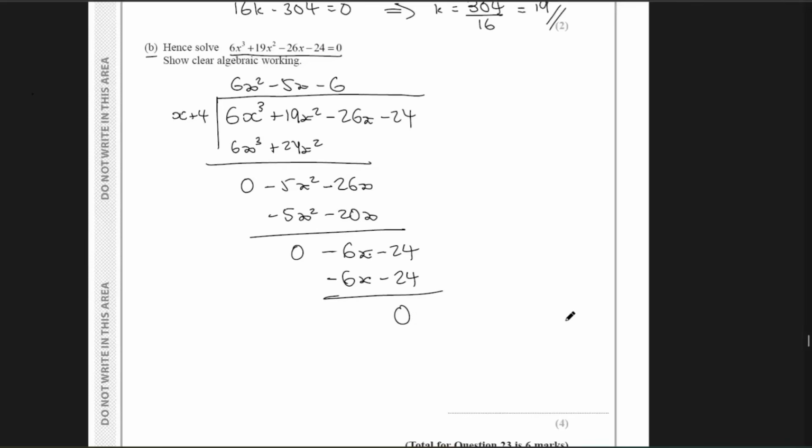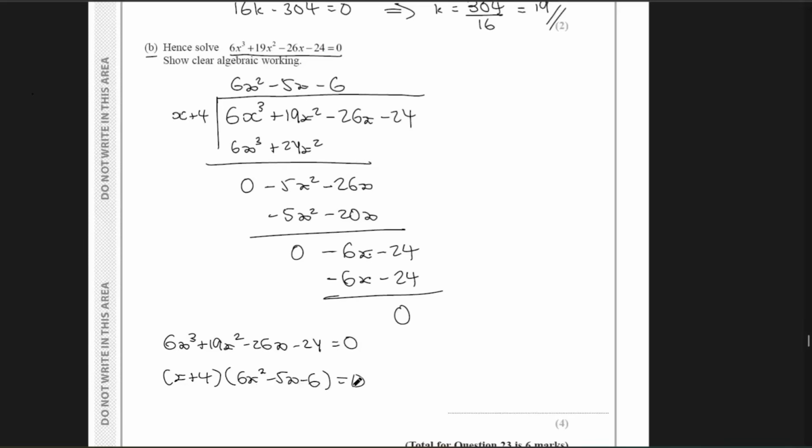The remainder is 0. So that means that 6x cubed plus 19x squared minus 26x minus 24 equal to 0 can be written as x plus 4 times 6x squared minus 5x minus 6 equal to 0.